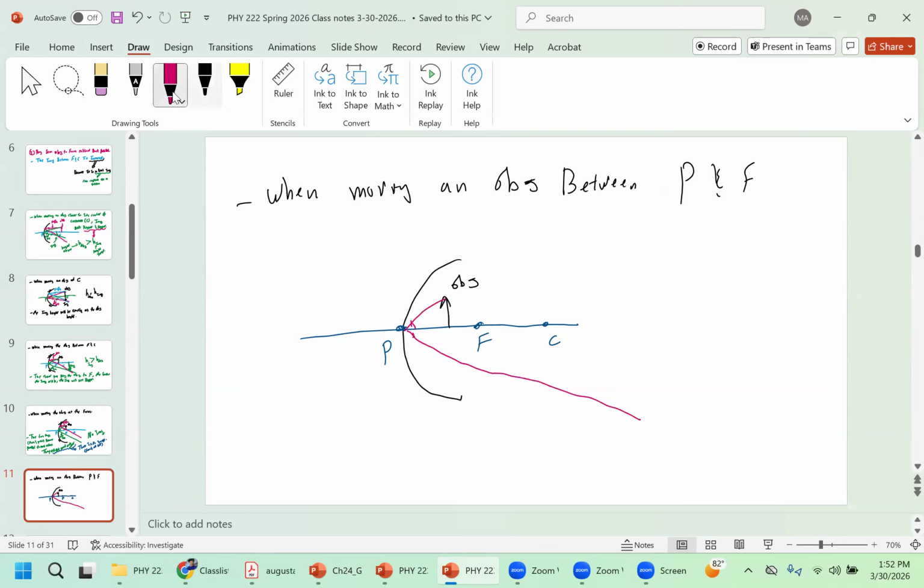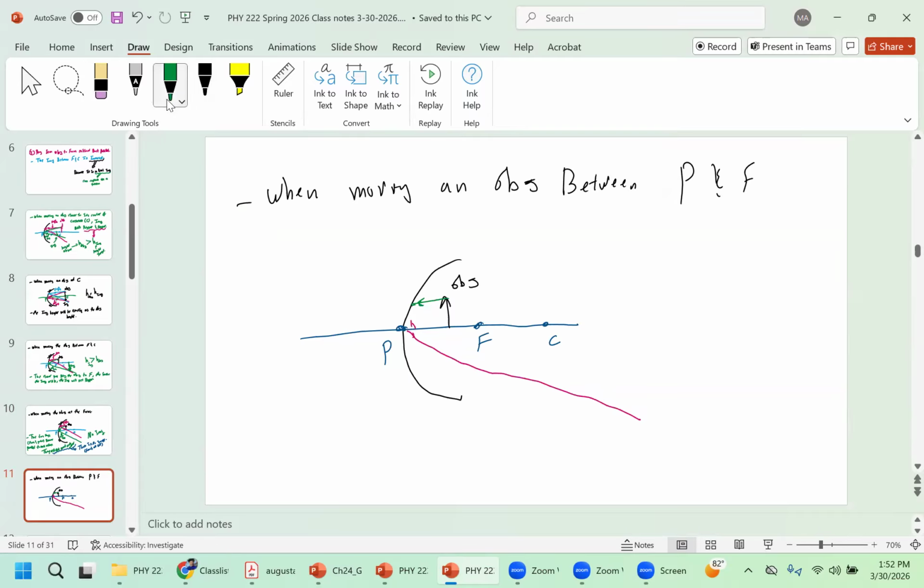Here's your angles. Your object two, we're going to say it's going to go in here. Now it's going to go back this way, but we said it's going to go to the focus. So here's your focus.